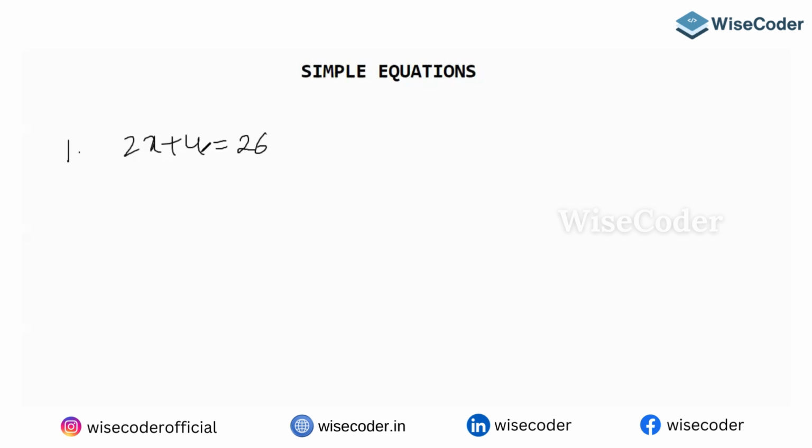In general, we need as many equations as the variables we have to solve for. For solving the values of two unknowns, we need two equations. For three variables, we need three equations.